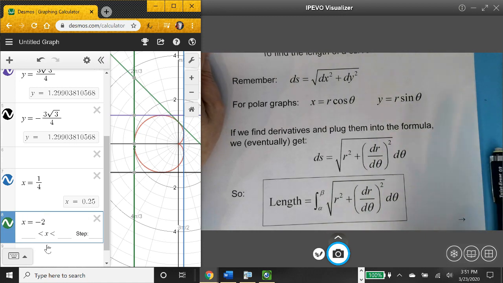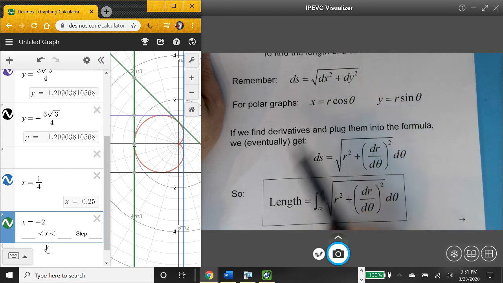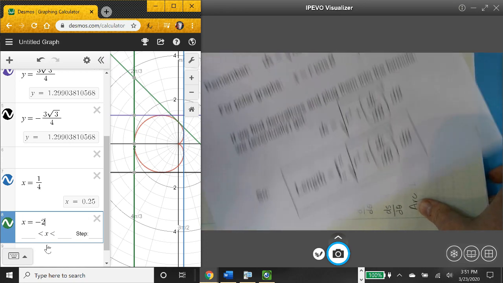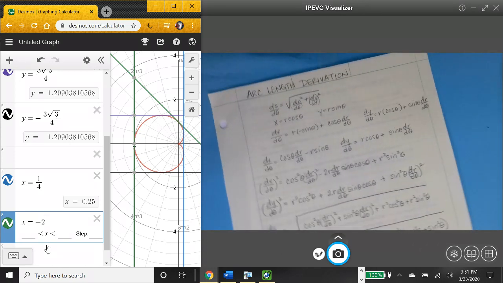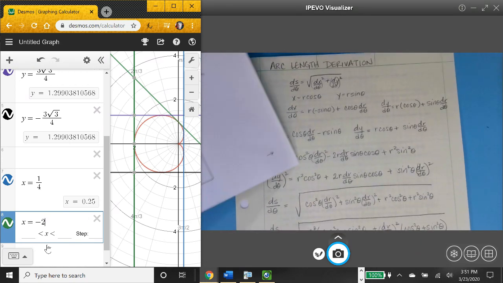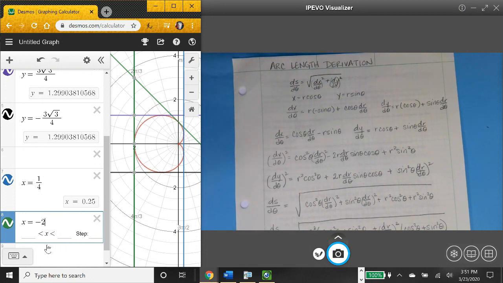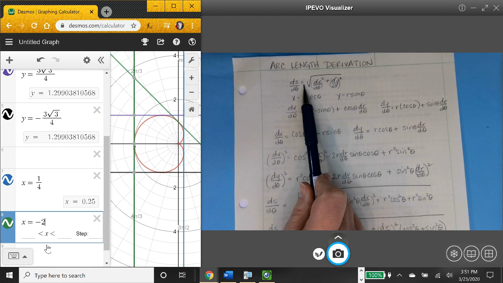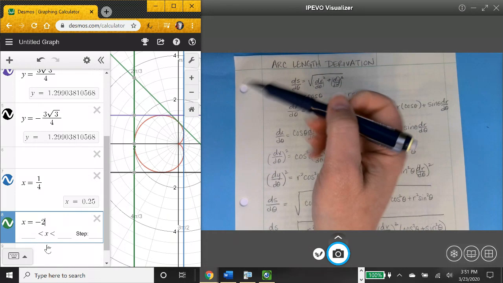Okay, so I came up with the proof for this, or the derivation, and you aren't going to be responsible for this, but I wanted to show it to you. And so this video not being so long, I figured I would work it out and show you. And this is how you derive it. You derive it by finding ds d theta, using Pythagoras, right?